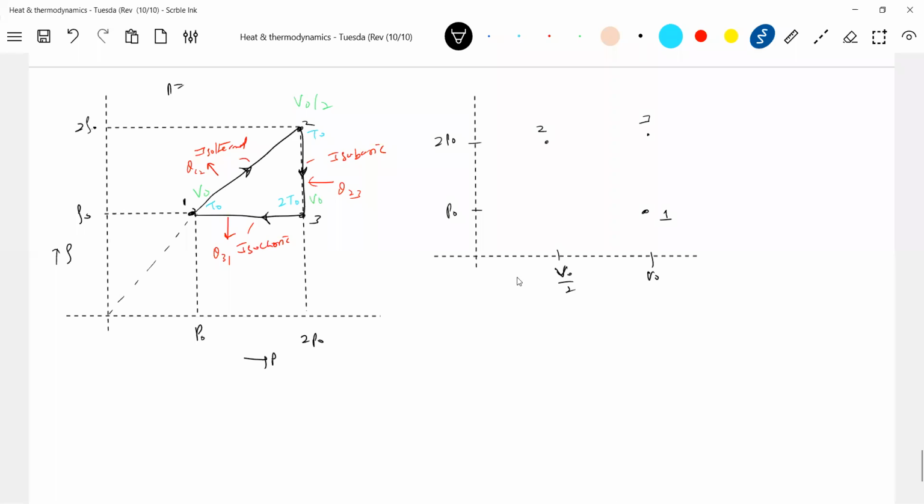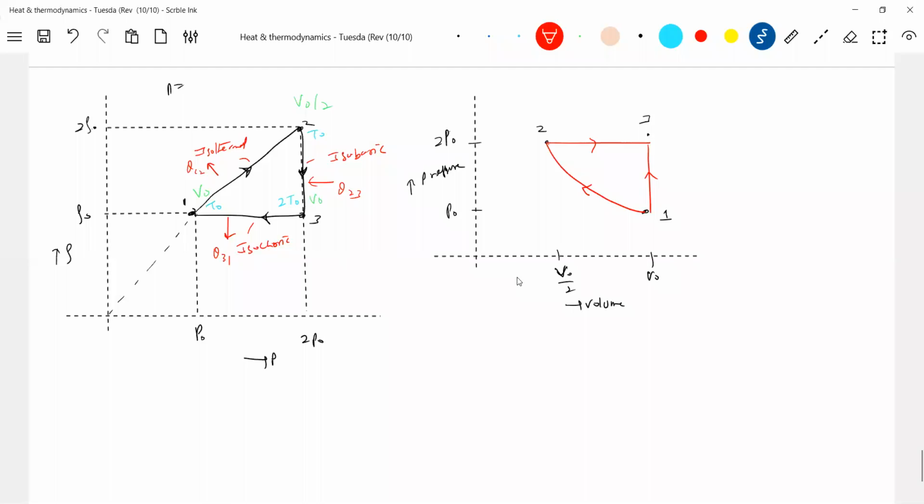PV graph in isothermal process, the curve should be a rectangular hyperbola. 2, 3 is isobaric, constant pressure. Agree with this?